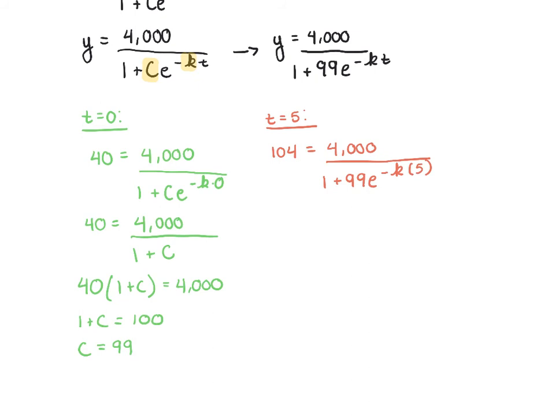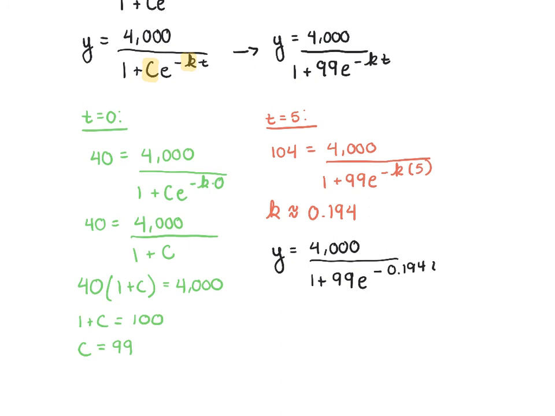But at this point, I'm going to give it to you to save ourselves some time, because we've been at it for a little while. If you do this properly, you should find that k is approximately 0.194. So when we build our completed formula, we have y equals 4,000 over 1 plus 99e to the negative 0.194t.